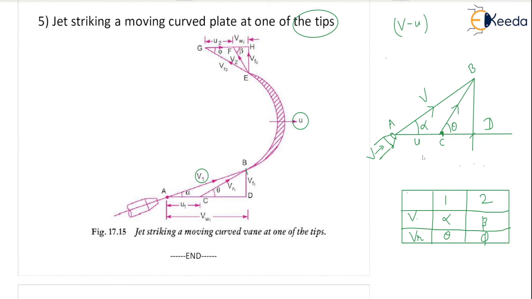Alpha and theta are given. Because this triangle is at the inlet section, we give the suffix 1: V1, alpha and theta. This is U1, and you know that the main velocity has two components, the flow velocity and the whirl velocity. This will be your flow velocity Vf1, and this is your whirl velocity Vw1 from here to here.